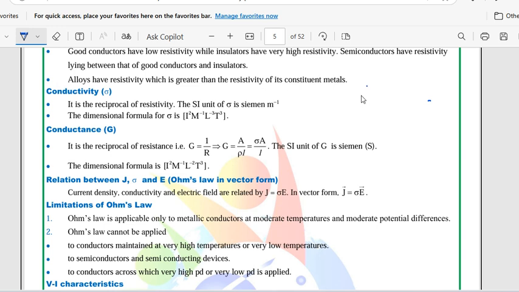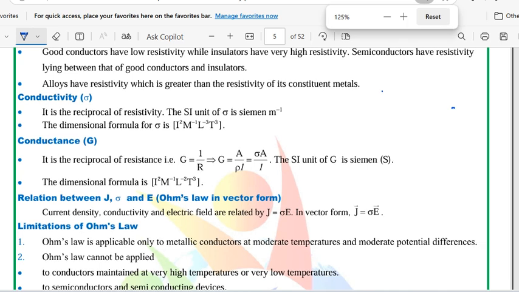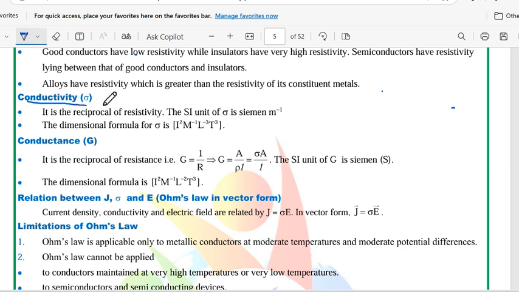Conductance means, if I consider any kind of material which has the capacity to pass electrons, the capacity for the flow of electrons, such a property is called conductivity or conductance.